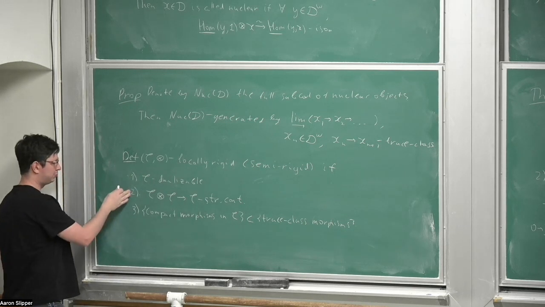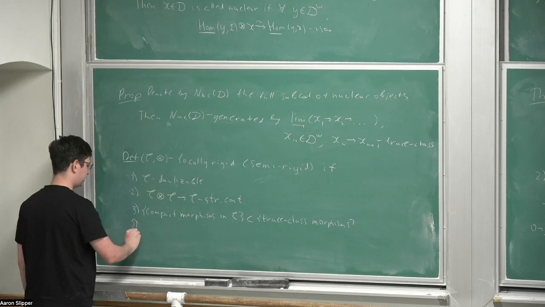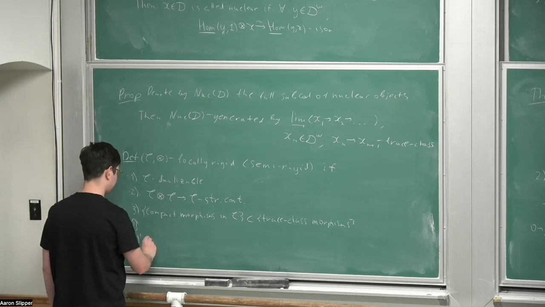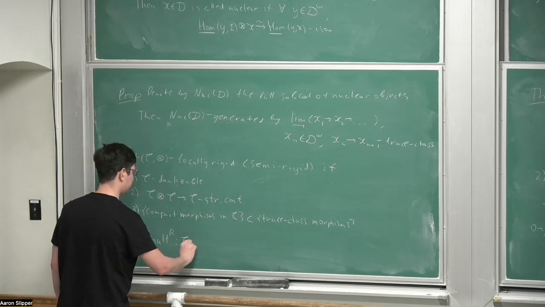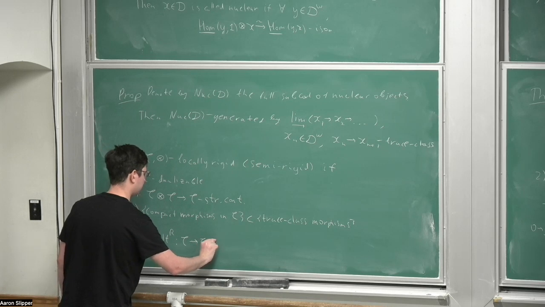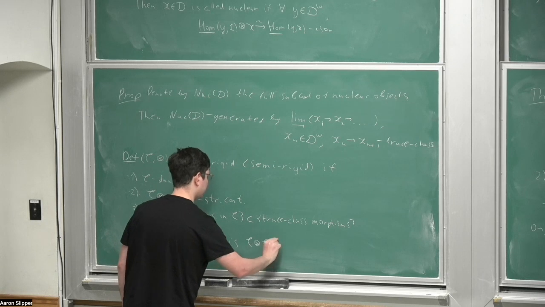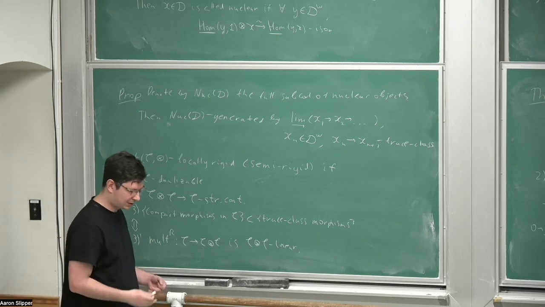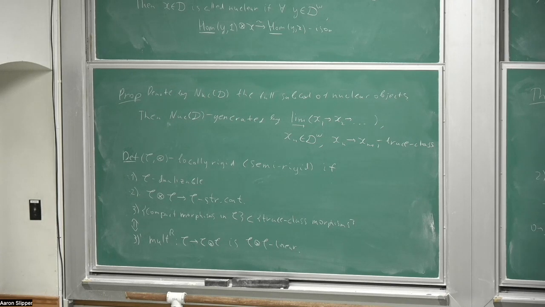And actually, assuming the first two conditions, an alternative way to say this, 3 prime, is that we require that the right adjoint to the multiplication from C to C tensor C is C tensor C linear. It is automatically lax linear because it's a right adjoint, but it's required that it is linear.